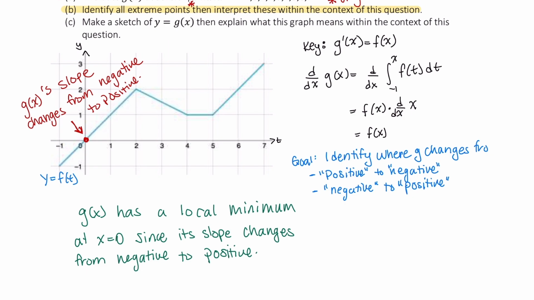And really quickly, let me just fix that here. We're going to identify where the slope of g changes from negative to positive. And there's also a typo, not from.